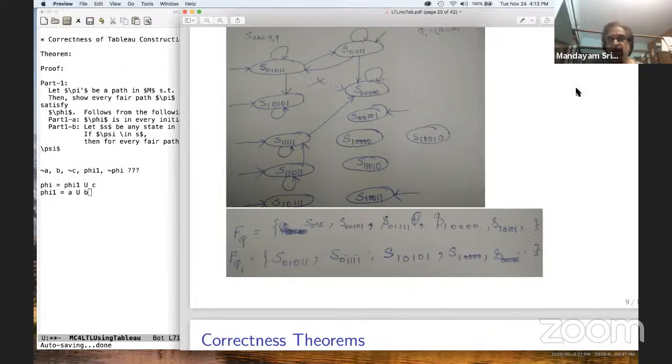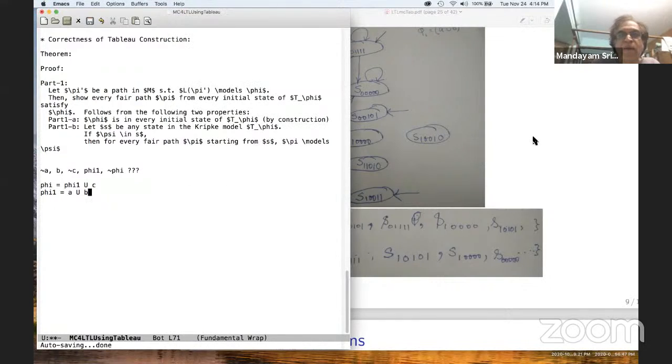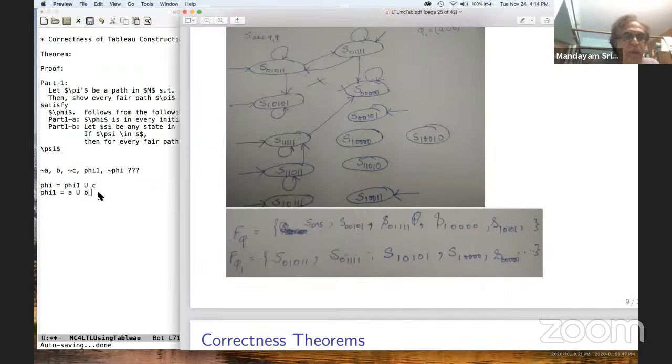But nonetheless, is that clear? No one has answered, but I want to make sure that you understand. In this state, 0, 0, 1, 0, 1, both 1 and 0 are possible, and that had to be included.